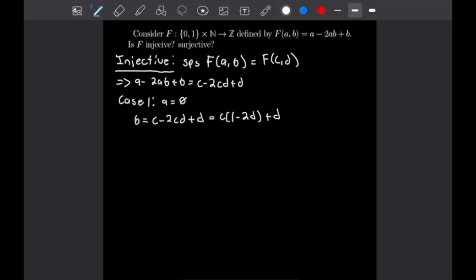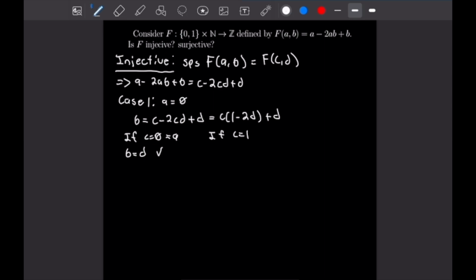And from here, we want to split this up into two cases for the different values for c. So let's first look at if c is equal to 0. Well, if c is equal to 0, then c is also equal to a. But if c is equal to 0, then we will have that b is equal to d, which is good. That's exactly what we want, that a is equal to c and b is equal to d. Next, let's look at the case where c is equal to 1.